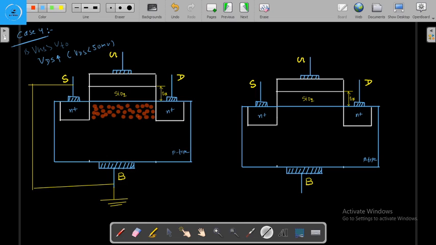I am applying VGS here, which is greater than VT naught, to create the channel.